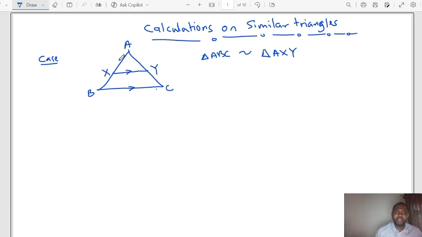Now, let's say this is A and this is B. Let's say this is C and this is D, and let's say this is F and this is G, for example. Now remember, from the previous lessons, for two triangles that are similar, the ratios of their sides are equal. That means the ratio of the smaller triangle's sides to the corresponding sides of the bigger triangle are equal.